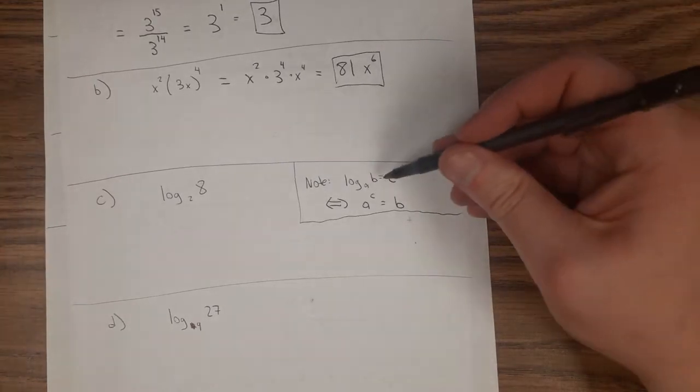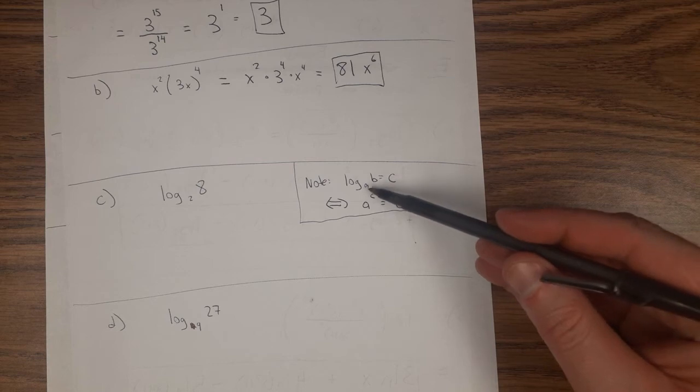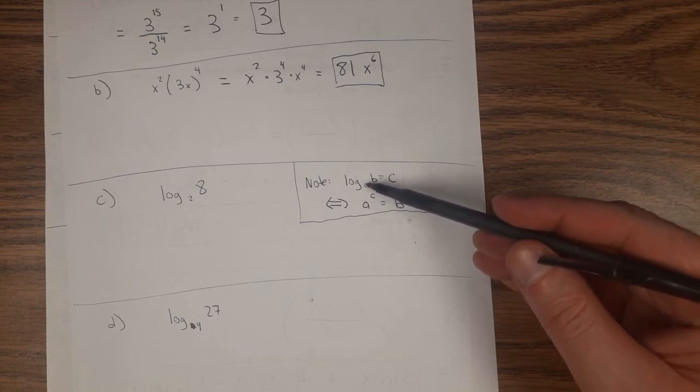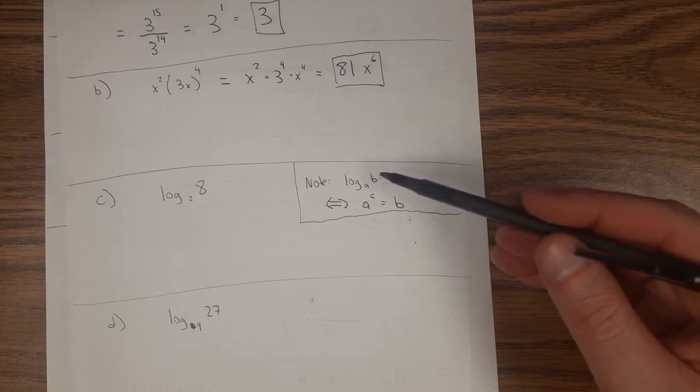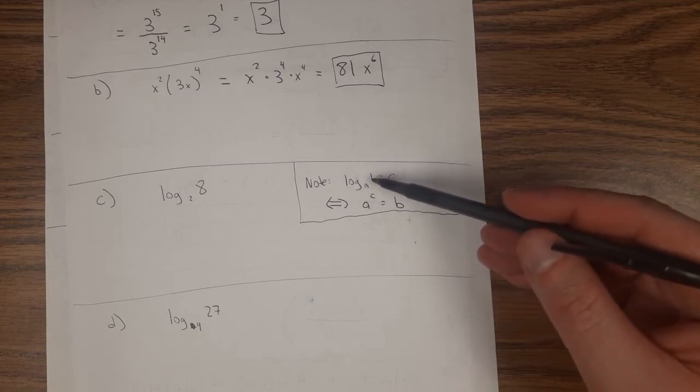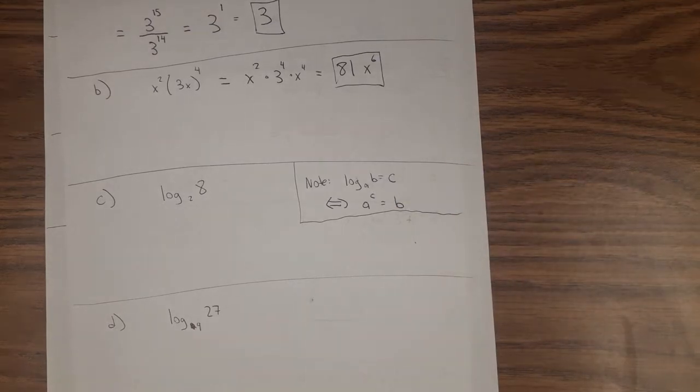This is basically what the logarithm question is asking you. It's asking you, what power do I have to put on the a to get b? And the answer to that question is the logarithm base a of b.